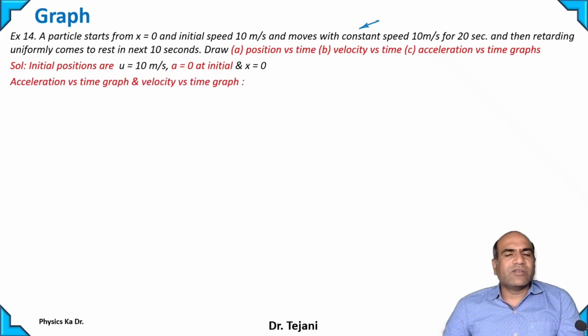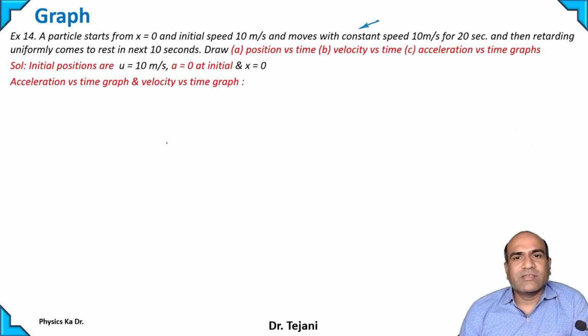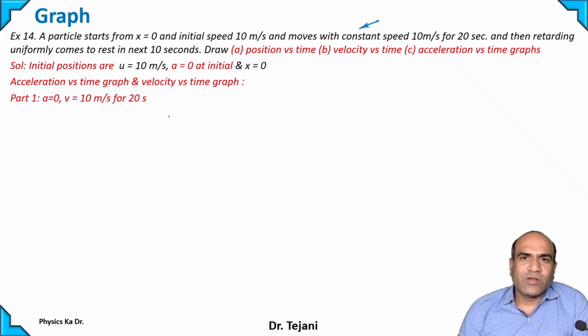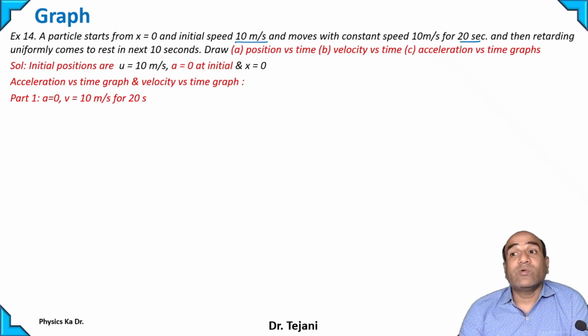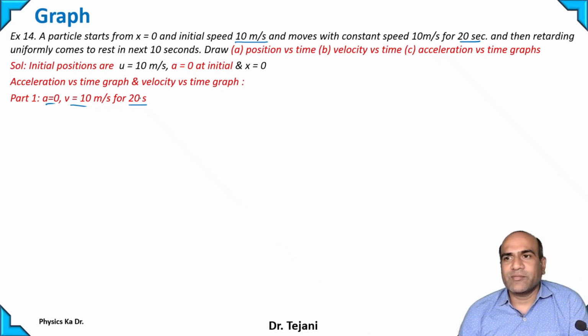Let's do the acceleration versus time graph and the velocity versus time graph. Let us divide this into parts. For part 1, acceleration is 0, v is 10 meter per second for 20 seconds.